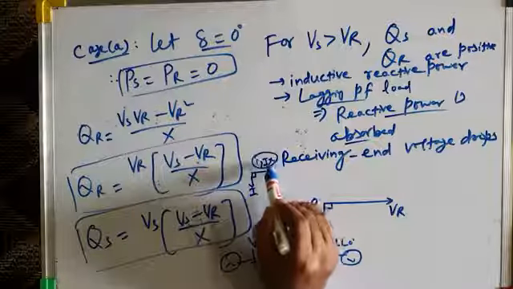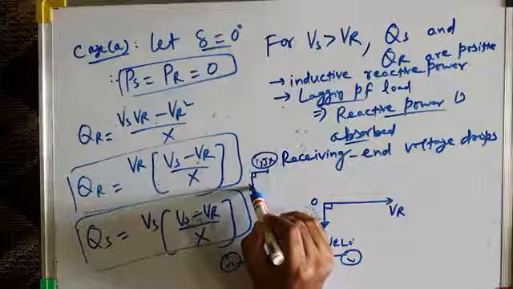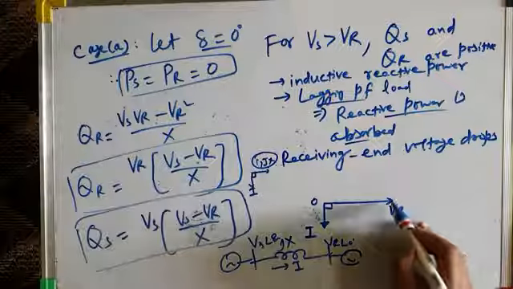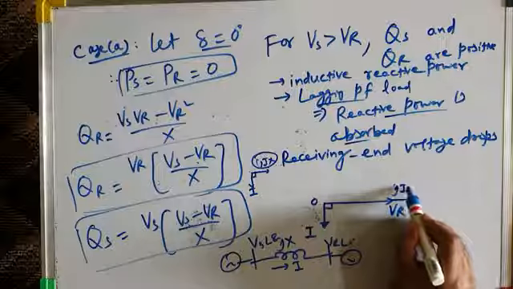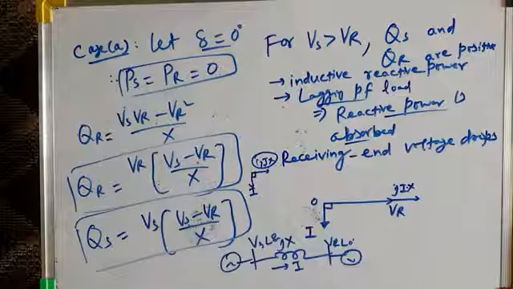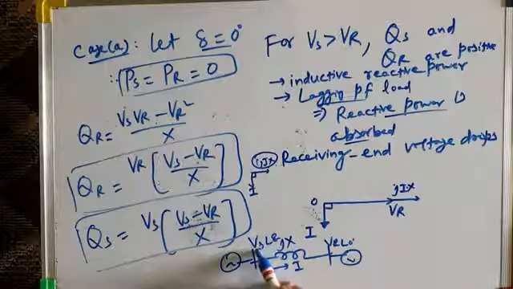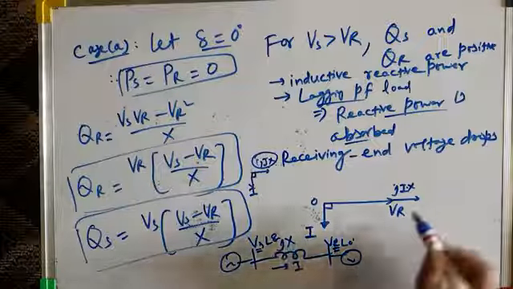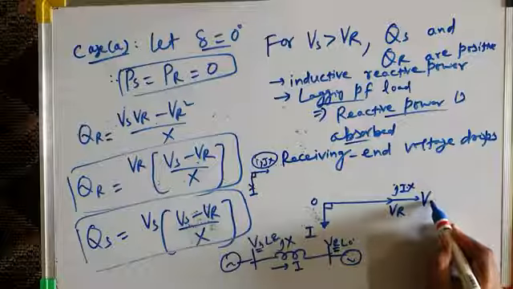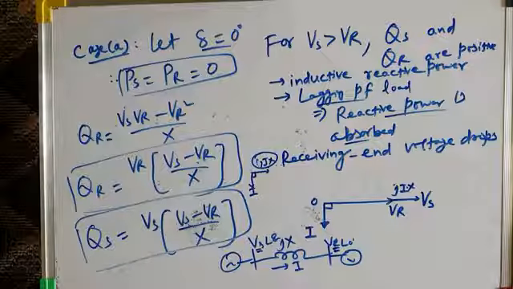So this is your voltage drop. Voltage drop leads the current, or current lags the voltage. So therefore your voltage drop jIX will be like this. So what is sending end voltage? Your sending end voltage is this receiving end voltage plus this jIX drop. So therefore this arrow will be your sending end voltage, Vs.